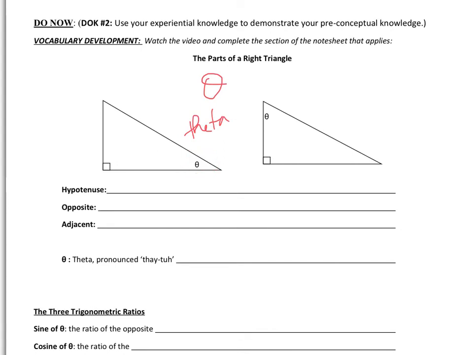The hypotenuse remains the same. Our hypotenuse is always the side that faces the right angle. And remember, hypotenuse is only found in a right triangle.